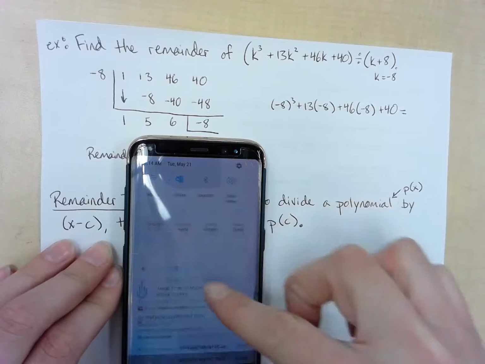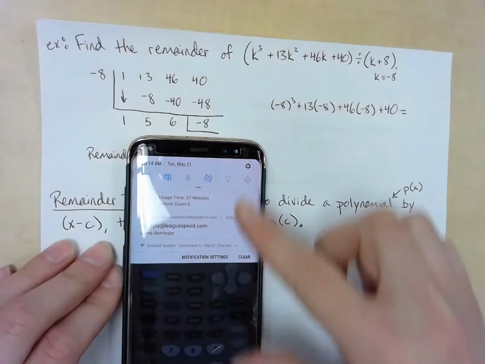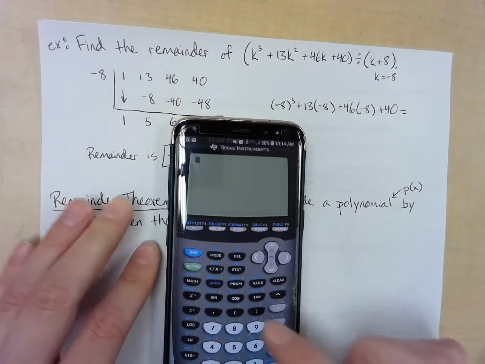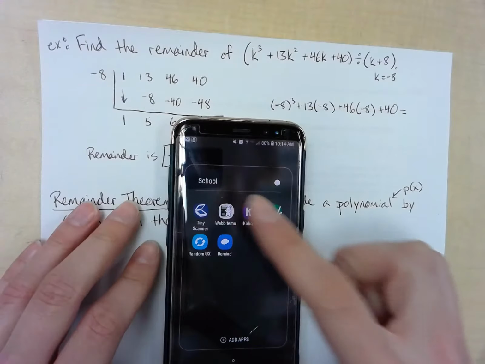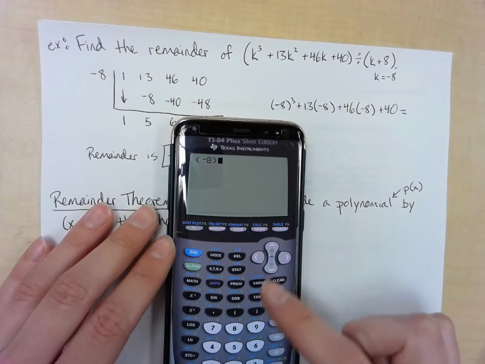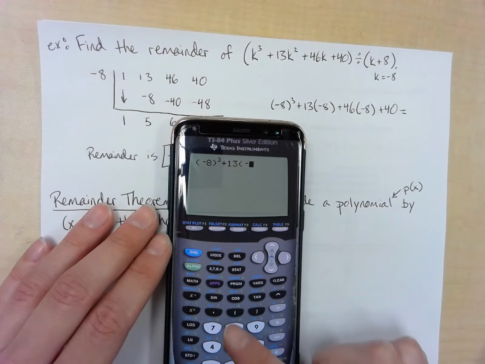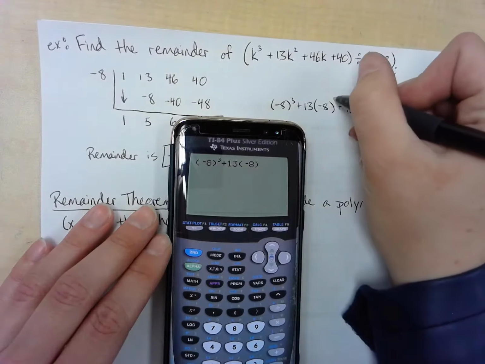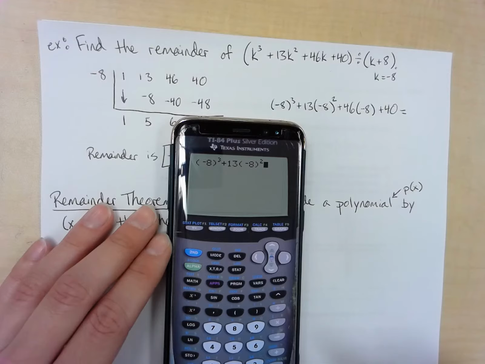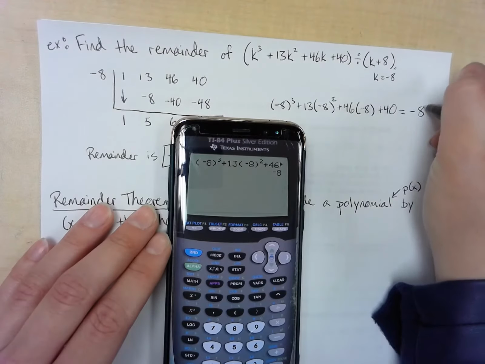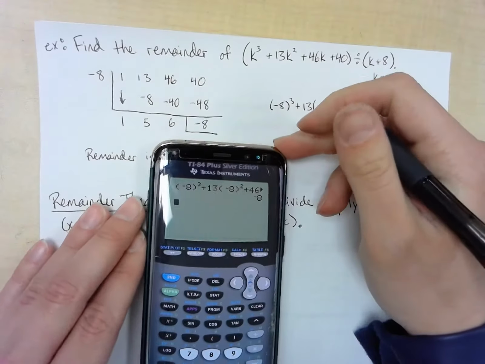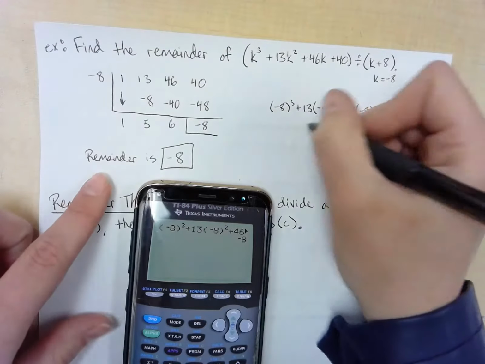You can't see it. Here we go. Okay. -8 cubed plus 13 times -8 squared plus 46 times -8 plus 40, -8. Look at that, just like before.